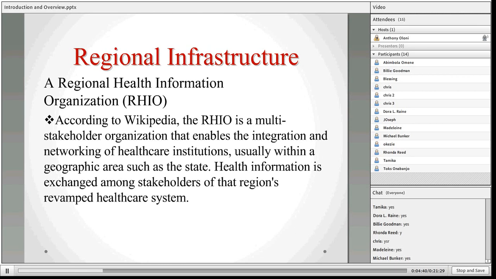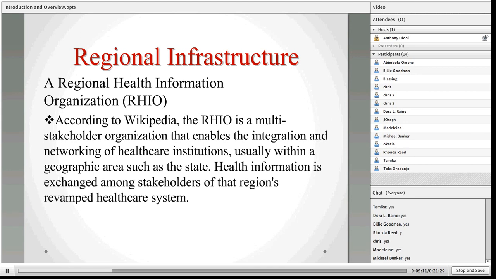For example, I know New York has a regional health information organization, and California has one too. The regional health information organization is basically made up of healthcare entities within that state that are connected together to exchange healthcare information. So within a state, you can have healthcare establishments that are networked together to exchange healthcare information.